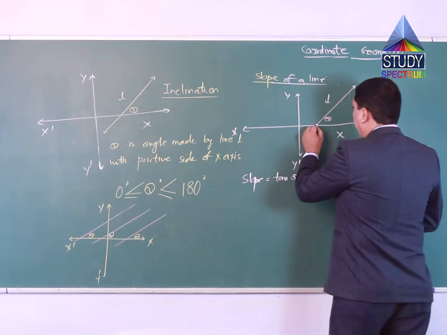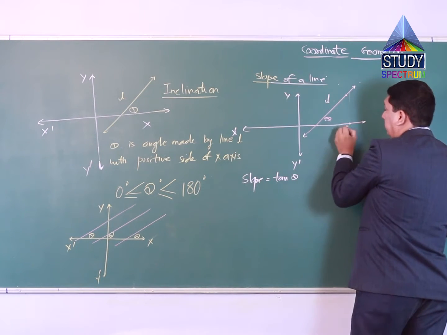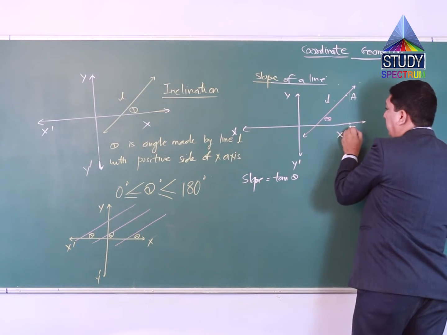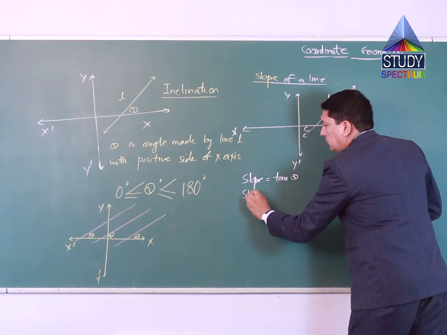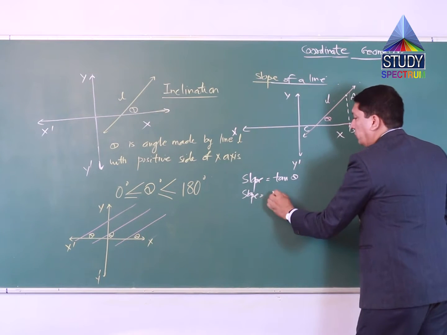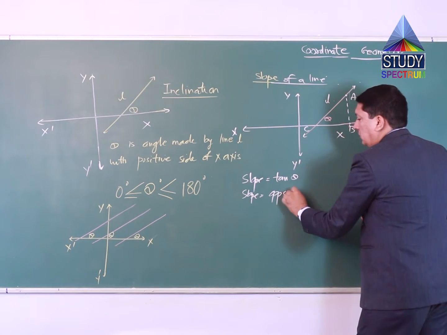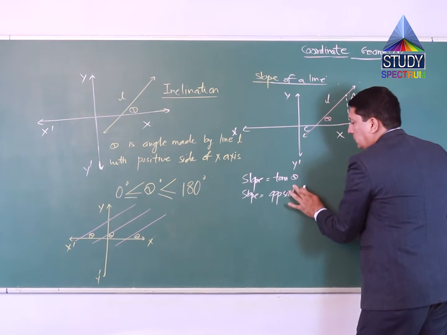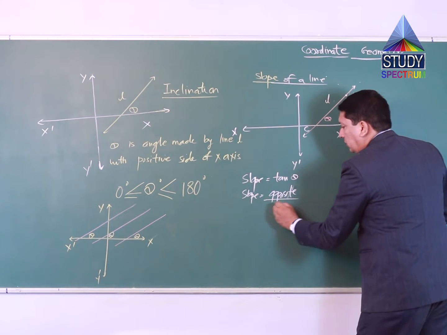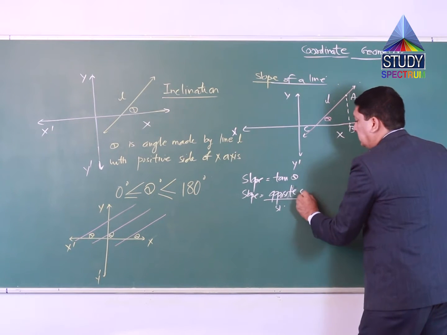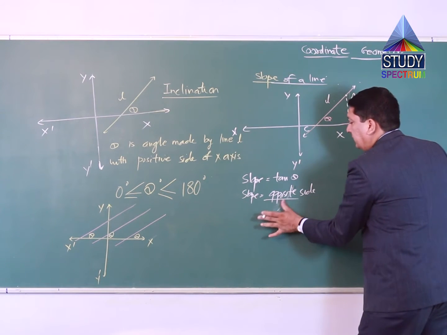So over here, if I name these points as A, B and C, if I join AB, slope means opposite side upon adjacent side.